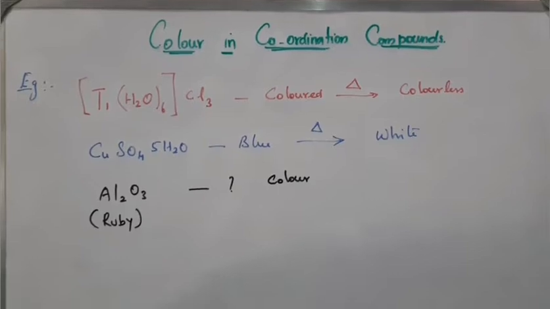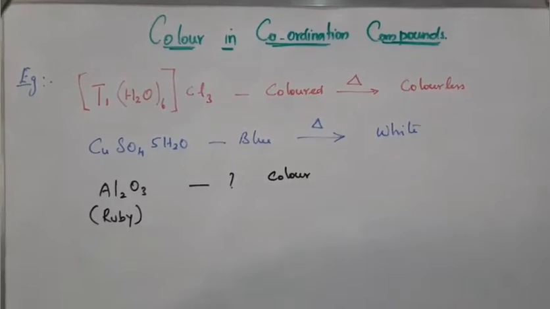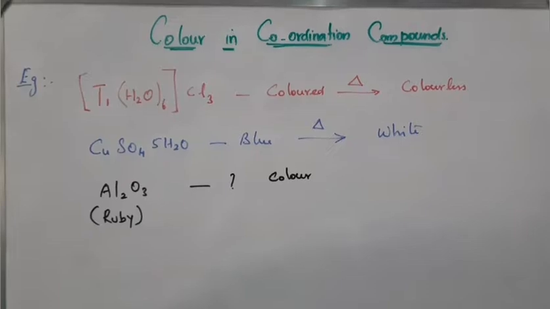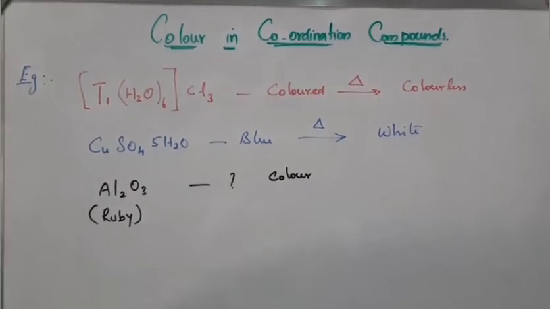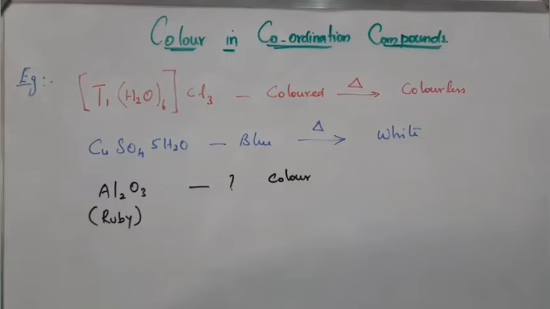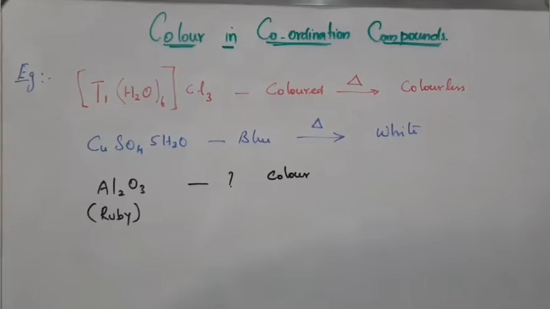Today's session we are going to see color in coordination compounds. Already we have done two theories, VBT and CFT. What does VBT tell us? The hybridization of the complex and the magnetic properties. If the complex is paramagnetic, the d-d transition takes place and that complex would be colored in nature.